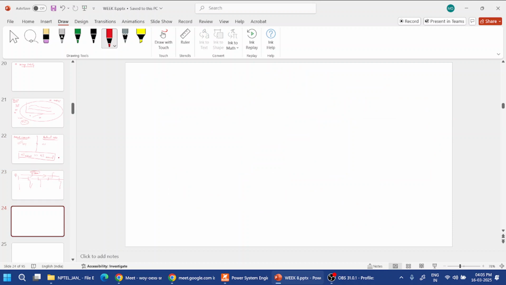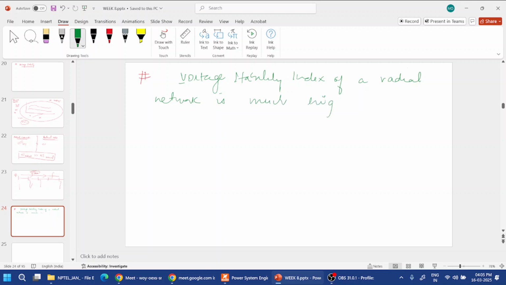So basically, one important thing, I will write it here. It's a very important point: the VSI, the voltage stability index of a radial network, is much higher in comparison to a lateral or unilateral network, a network which is connected node-wise in a lateral way.